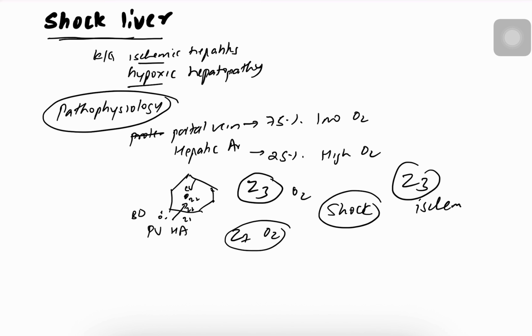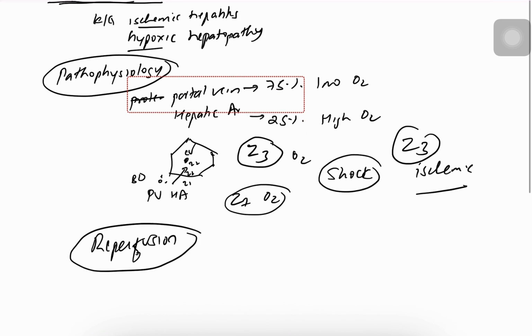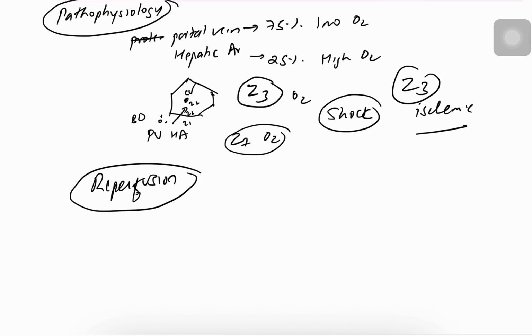Whenever there is reperfusion, the reperfusion injury also occurs, and due to which there is massive hepatocellular necrosis from zone 3, and a massive rise of transaminases towards our blood.